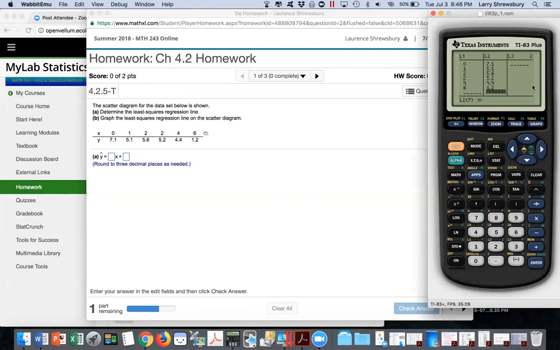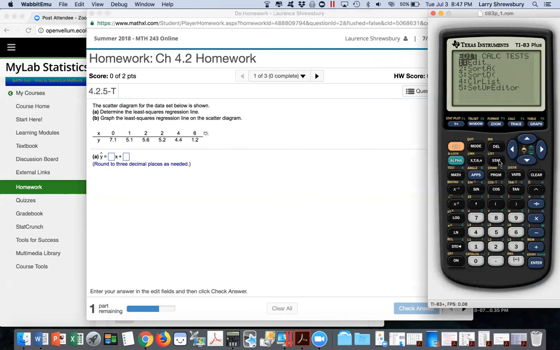And I'm going to double check my data entries. Okay, looks good. All right, so you enter that in. Now here's where you get the regression line. The least squares regression line, as they call it.